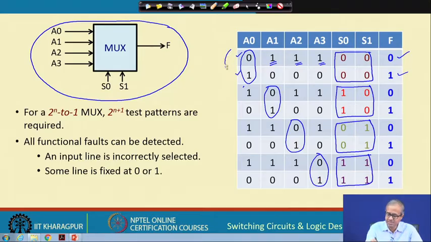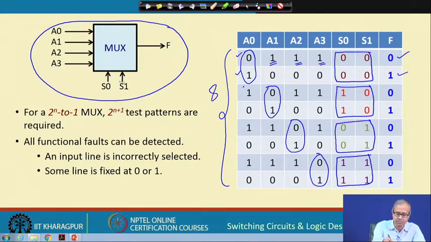So, you see at the multiplexer, just looking at how a multiplexer works at the functional level, we require 8 test vectors only. But if you look at the total number of inputs, there were 6. With respect to the truth table, 2 to the power 6 is 64.